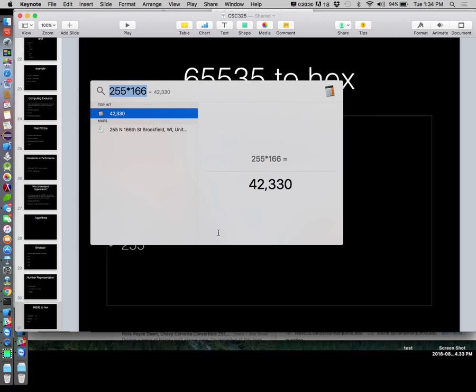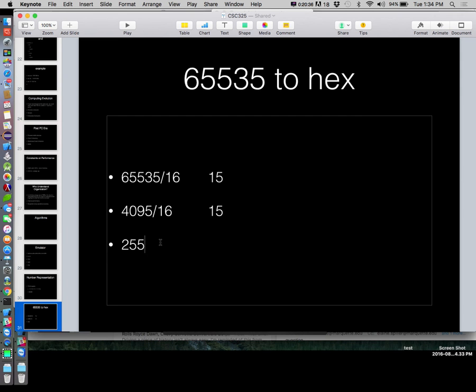Did I do the math wrong? Oh, look at that. It is 4080. 4095 minus 4080 is 15. That's how much we take to get to the next value. Make sense?